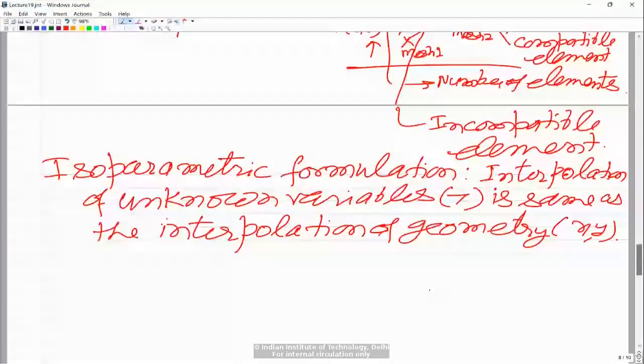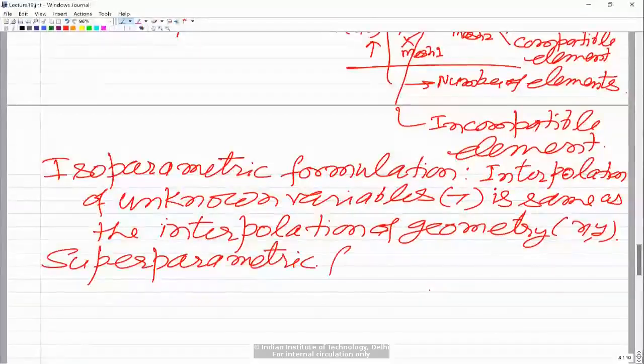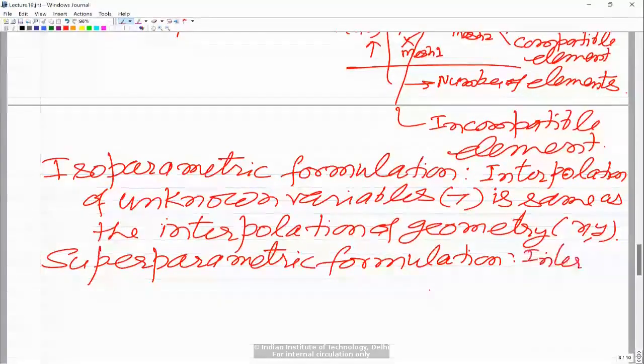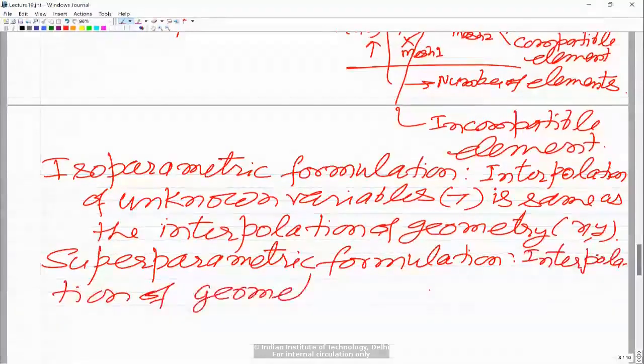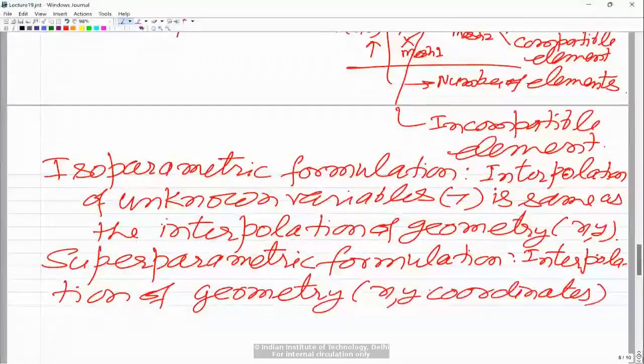Then you have superparametric formulation. Superparametric formulation means interpolation of geometry. When I say geometry, in this case I mean x and y coordinates. And when I say interpolation, I mean whatever expression we are assuming in terms of coordinates xi and eta.